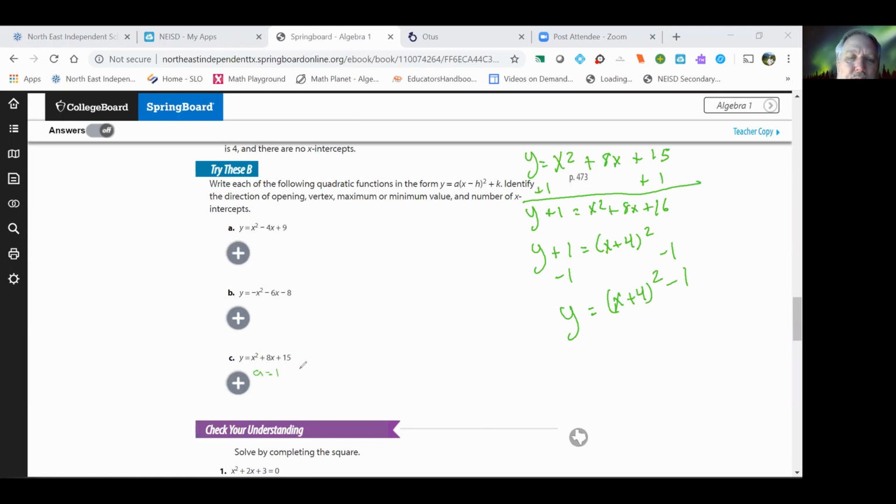So therefore, since 1 is positive, it is opening upward, so it has a minimum value. That minimum value is -1. The vertex is at -4, -1. So remember, it has a minimum value that is below the x-axis, and so it's going to be opening upward, which means there's going to be 2 solutions or 2 intercepts.